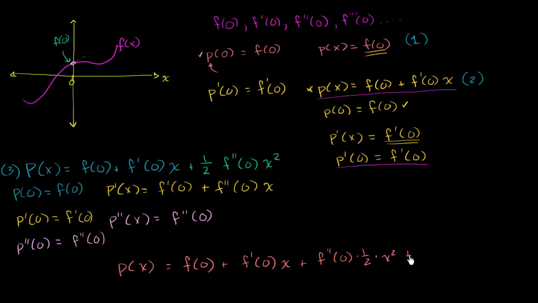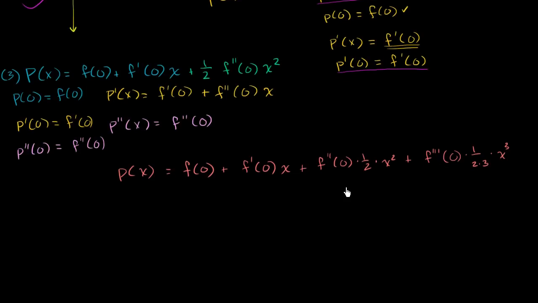Then the next term, if we want to make their third derivatives the same at 0, would be f prime prime prime of 0, the third derivative of the function at 0, times 1/2 times 1/3, so 1 over 2 times 3, times x to the third. And we can keep going. Maybe you'll start to see a pattern here.